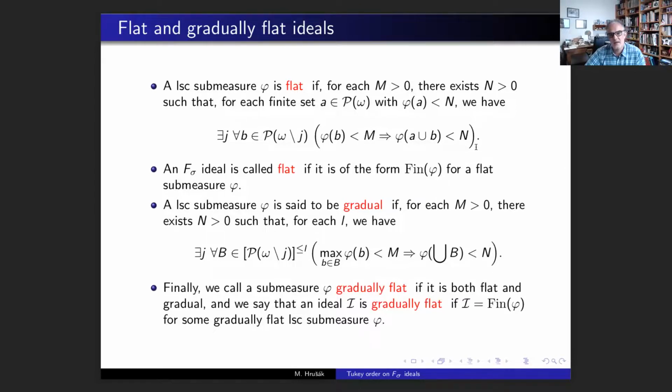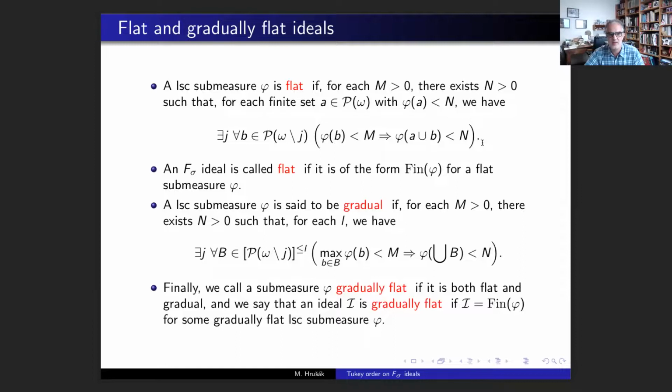A somewhat stronger property that we worked with in this paper with Indra Zapletal and Diego Rojas was that of being fragmented, which is what you can imagine if you want to think about flatness. It is simply that for the submeasure there is a partition of omega into intervals, and the submeasure is simply the supremum of whatever the submeasure has on these finite pieces.